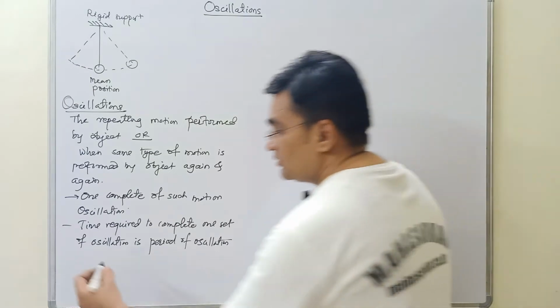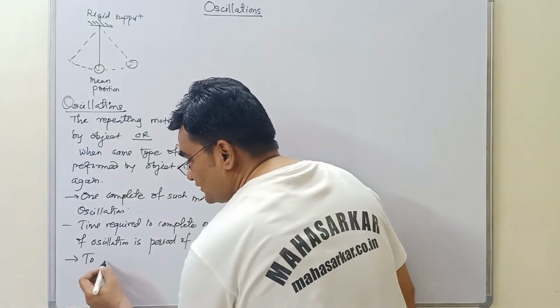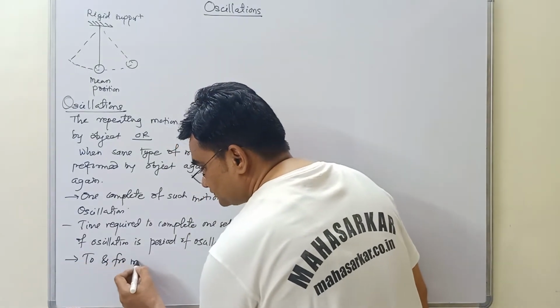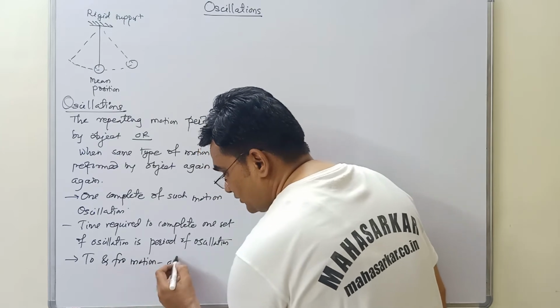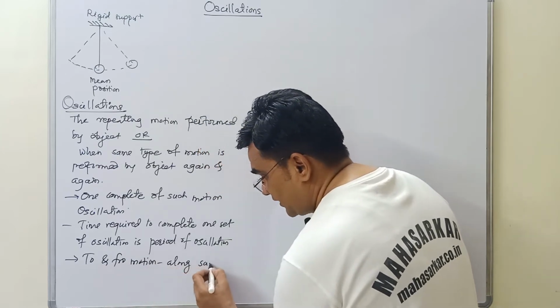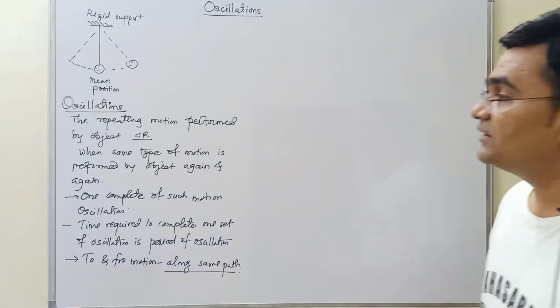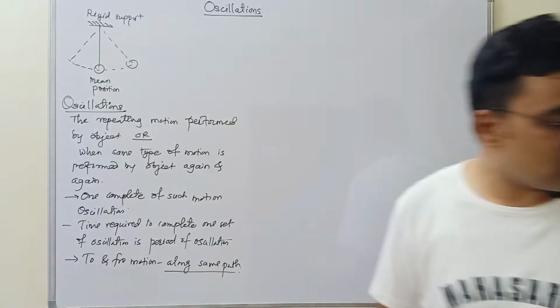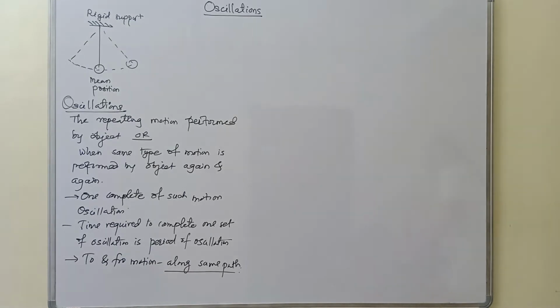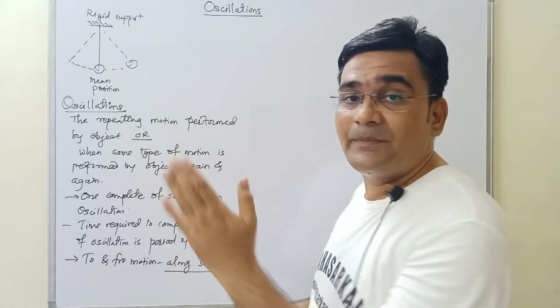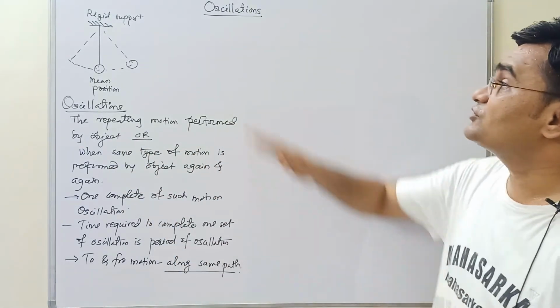Now, remember, oscillation is always to and fro motion along the same path. Because of this, it is a special type of motion. When the same type of motion is described by a particle again and again, that motion is called what?